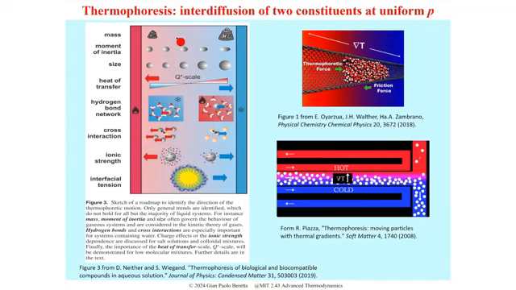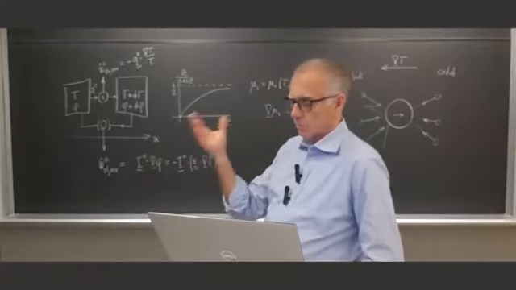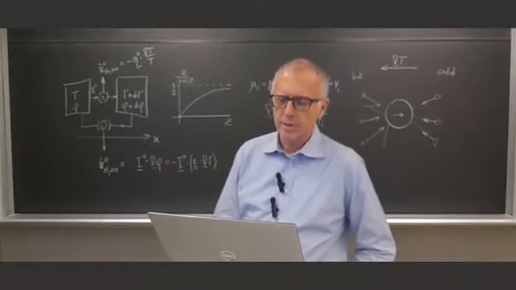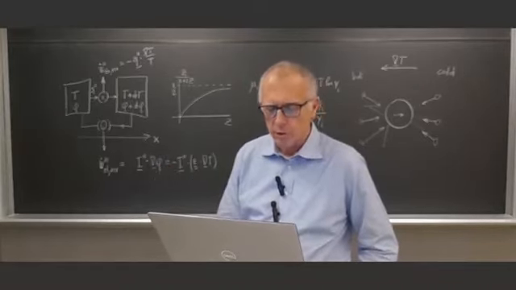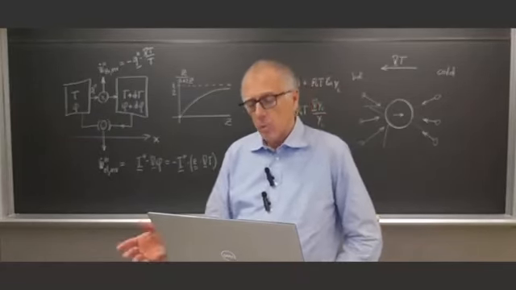So there is a whole realm of possibilities with which you can use the Soret effect to drive things towards the hot or towards the cold, depending on how you engineer your materials or the properties of your materials.